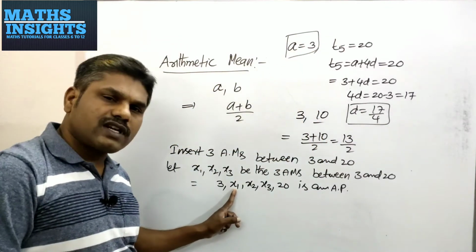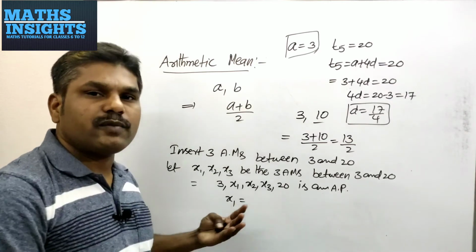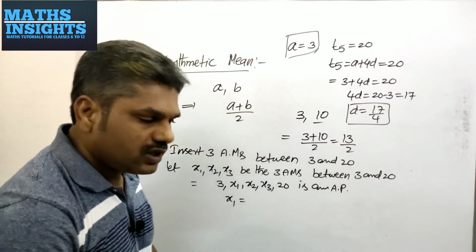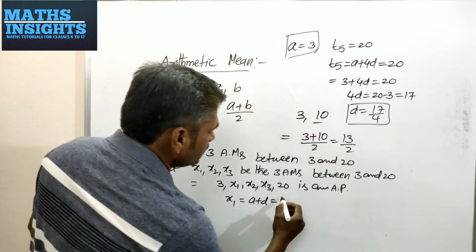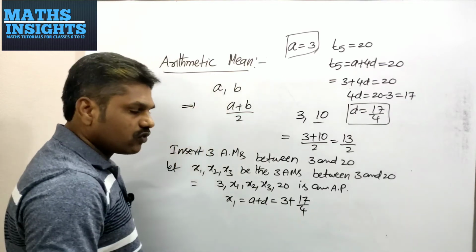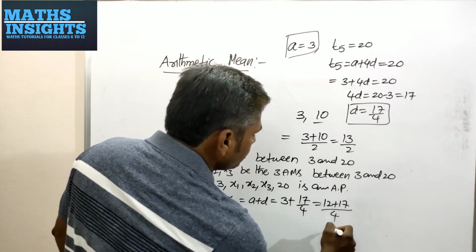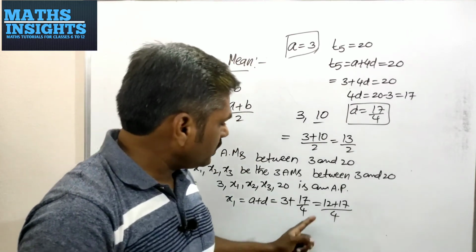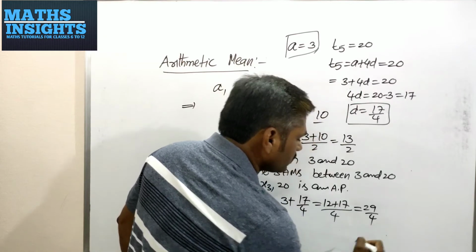Then the first arithmetic mean x1 is the second term in the arithmetic progression. Therefore second term means a plus d. You know a, that is 3 plus, and d is 17 by 4, that is equal to 12 plus 17 by 4, taking LCM. 12 plus 17 will become 29, 29 by 4.